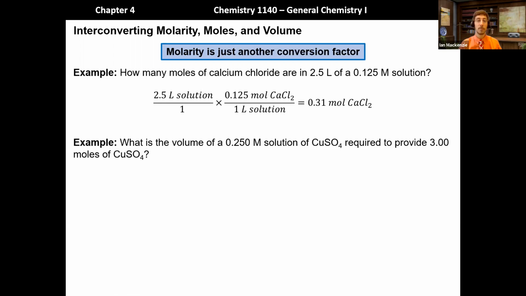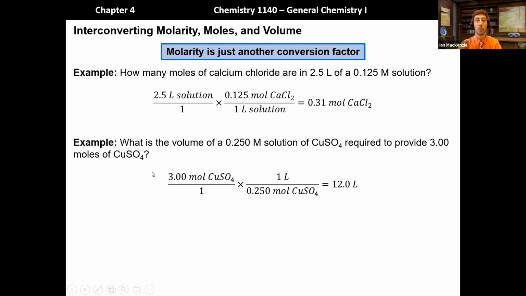Additionally, I could find the volume of a 0.250 molar solution of copper sulfate that would be required to provide a certain number of moles, 3 moles of copper sulfate. So I have moles, and molarity is my conversion factor. It's moles per liter.